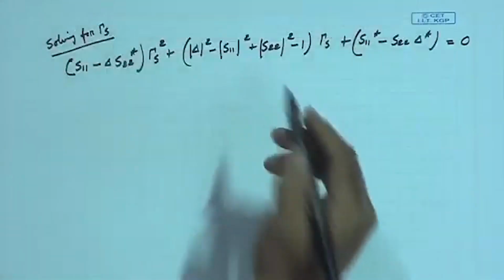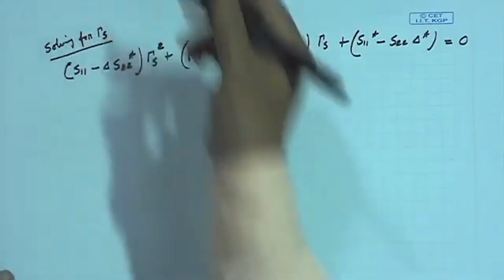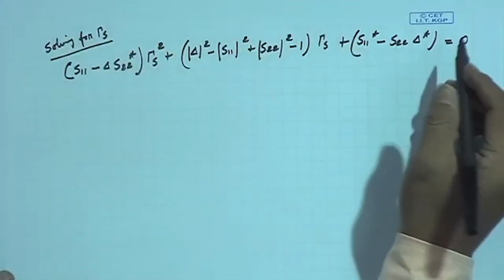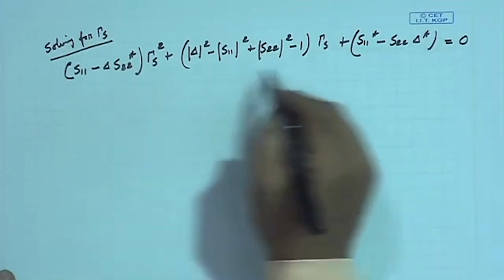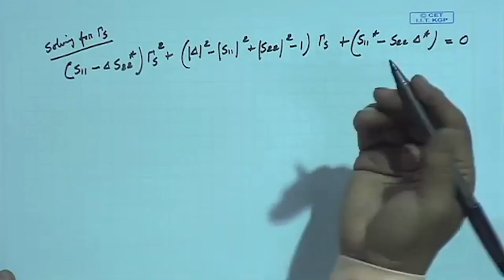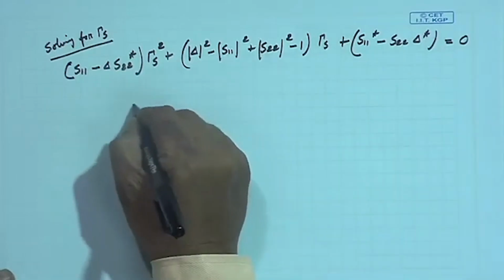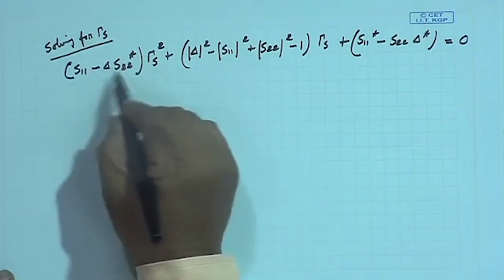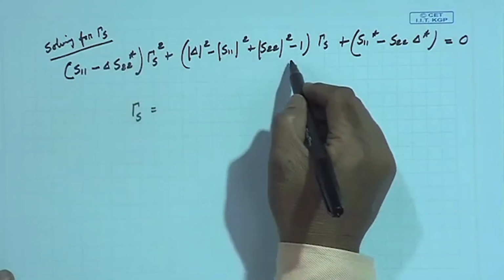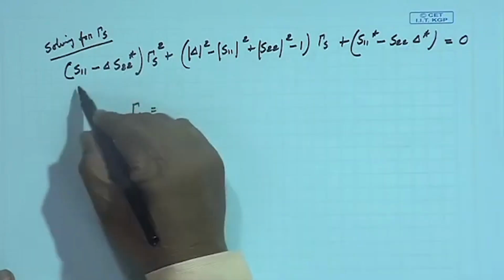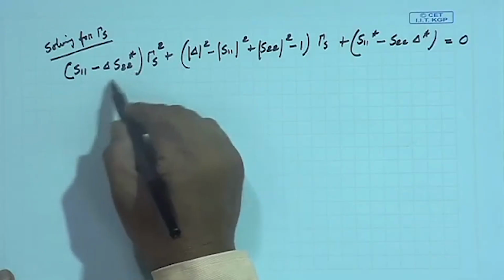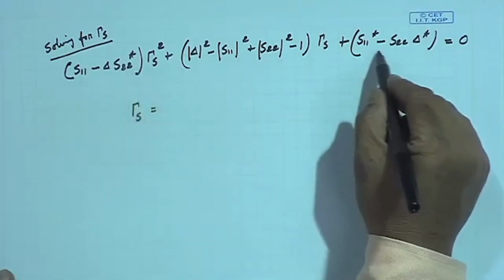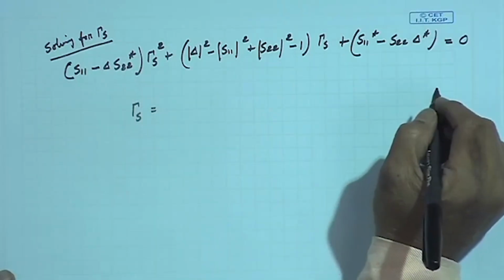I can solve for gamma S; that means you replace all the gamma L values and you get a quadratic equation in gamma S. You see, this is a complex number, this is a real number, these are the coefficients, and this is again a complex number.